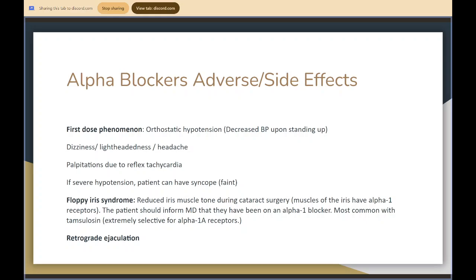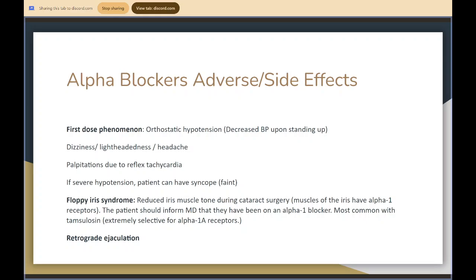So first dose phenomenon with orthostatic hypotension. That's why most of them are dosed at night. Dizziness, lightheadedness, headache. There can be palpitations due to reflex tachycardia. And if there's severe hypotension, the patient can experience syncope, which is fainting.